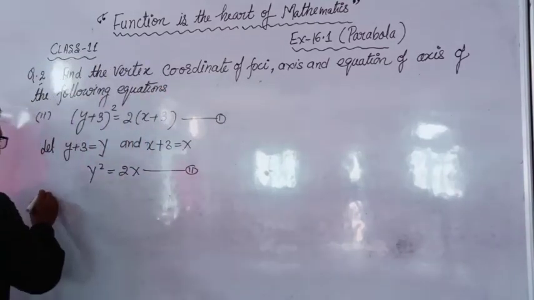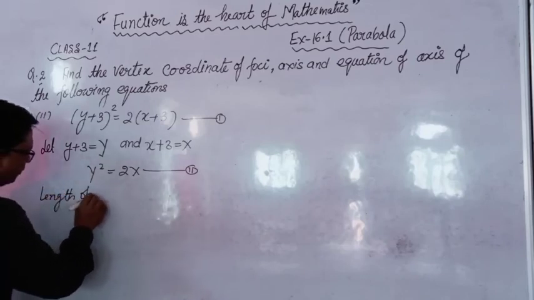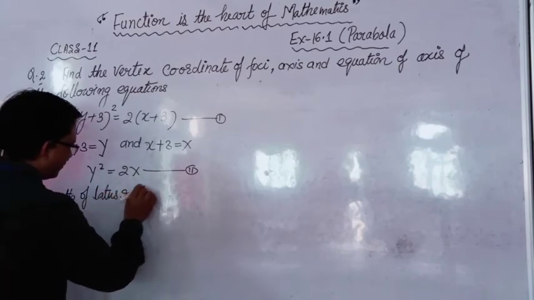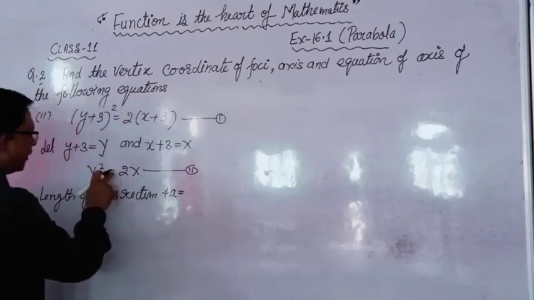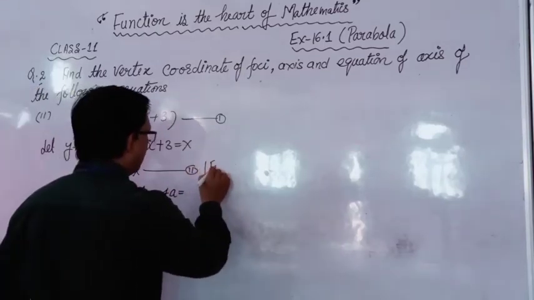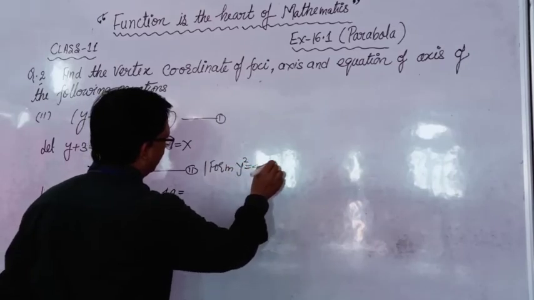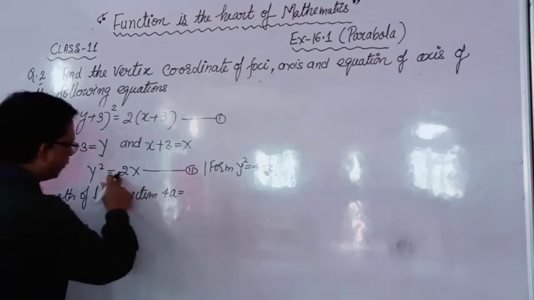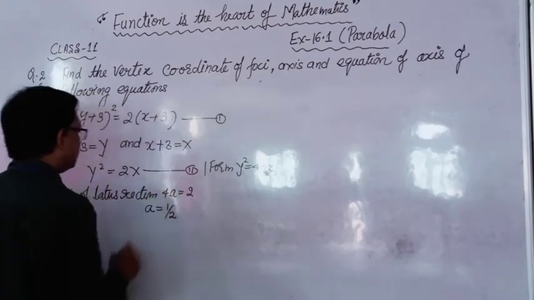So here length of lattice vector 4a. Y square is equal to 4aX form. This is a form of Y square is equal to 4aX. Y square is equal to 4aX form, and the 4a is equal to 2. It means a is equal to 1 by 2.